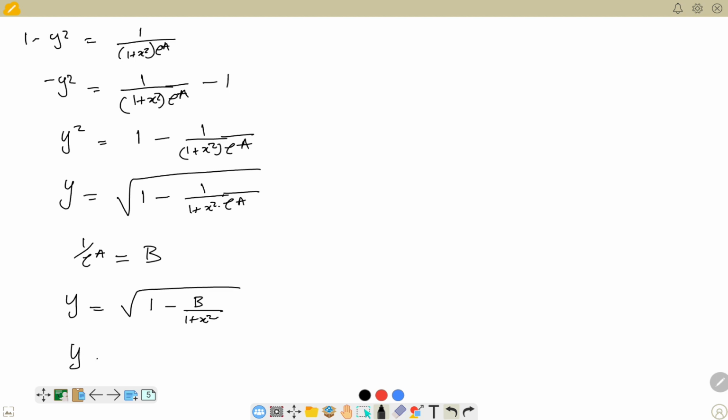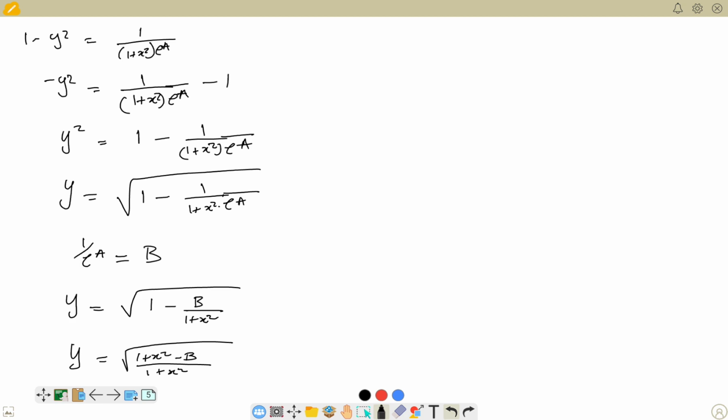We can solve so that we have a single denominator here. It's going to be 1 plus x squared minus b over 1 plus x squared. So here we have managed to make y the subject of the formula.